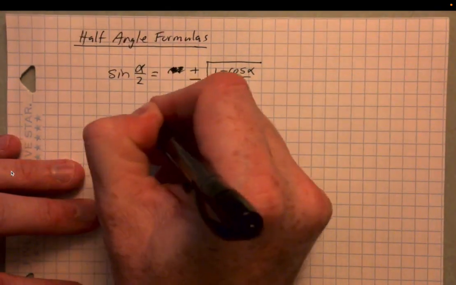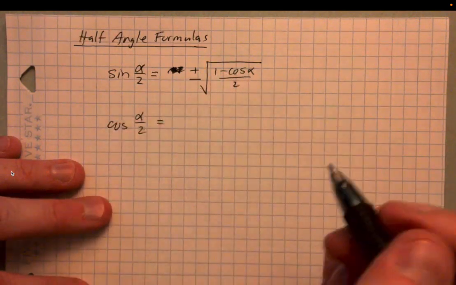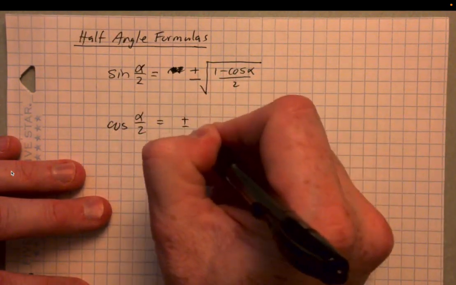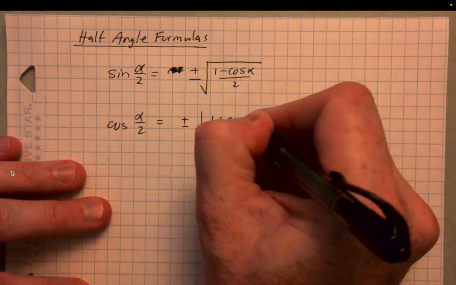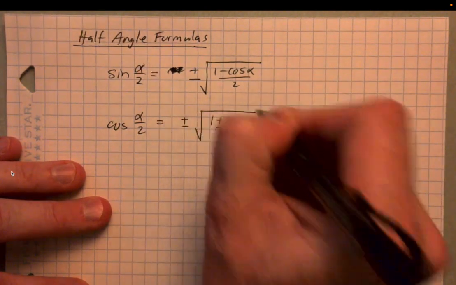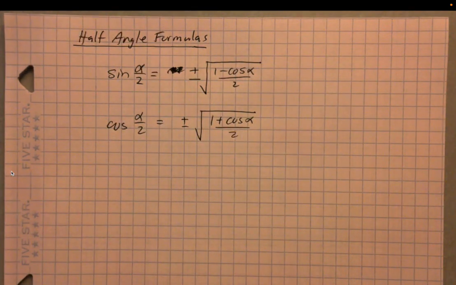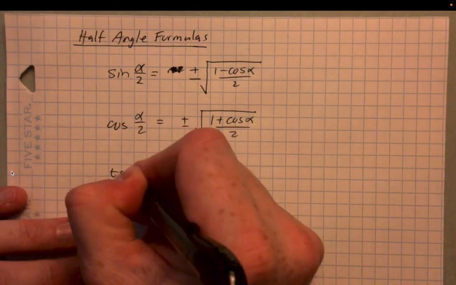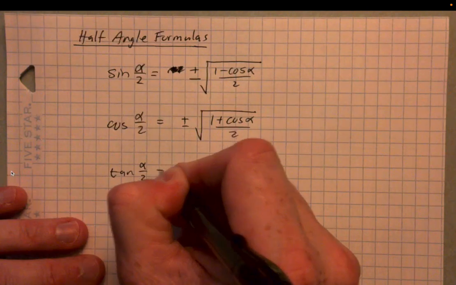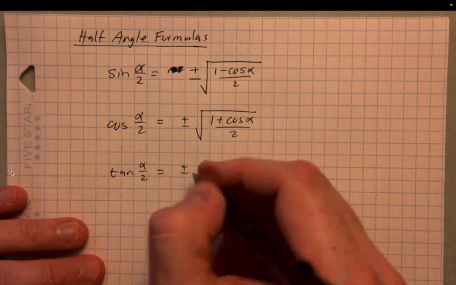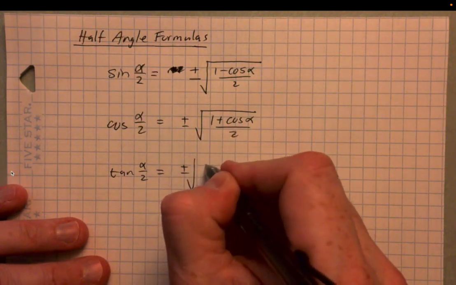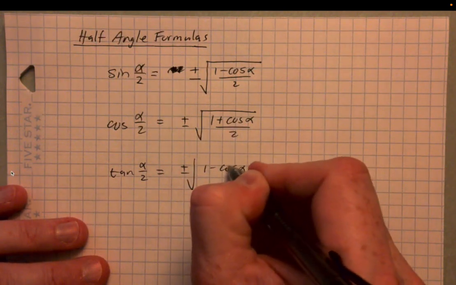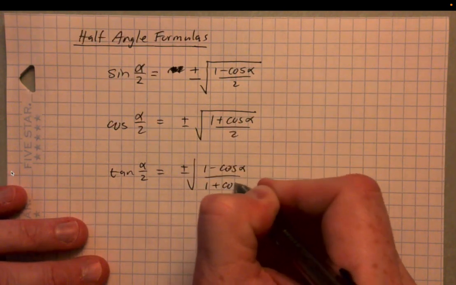So the cosine of alpha over 2 is equal to plus or minus the square root of 1 plus cos alpha over 2. All right, so real similar there. And then the tangent of alpha over 2 is plus or minus the square root of 1 minus cos alpha over 1 plus cos alpha.